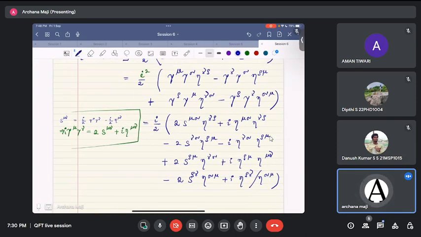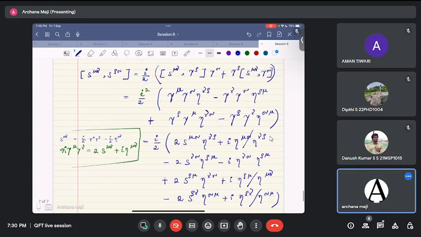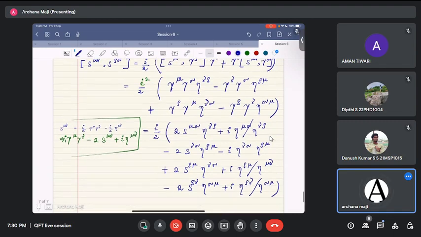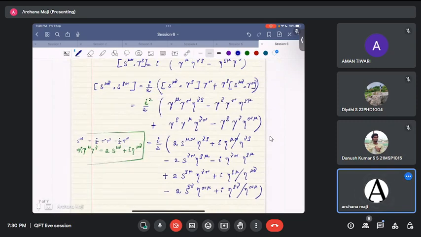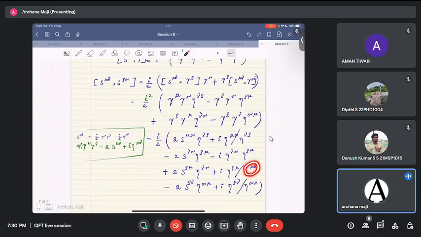So this is getting cancelled with that. Okay, and likewise this is getting cancelled with, oh, okay, sorry. So this eta is nothing but this eta. So nu sigma. So these two are again getting cancelled out.